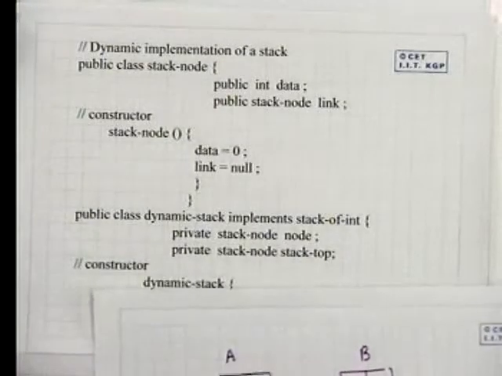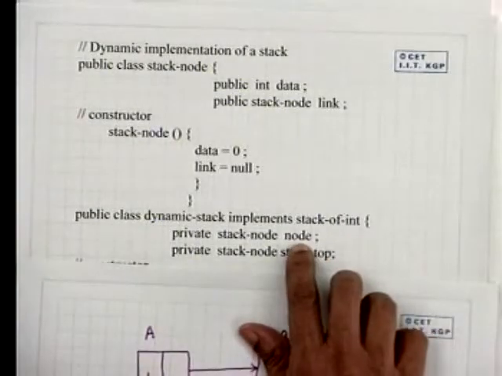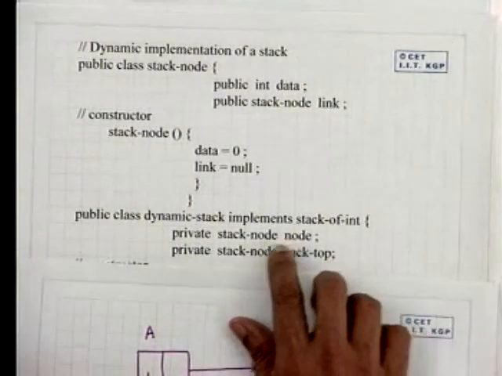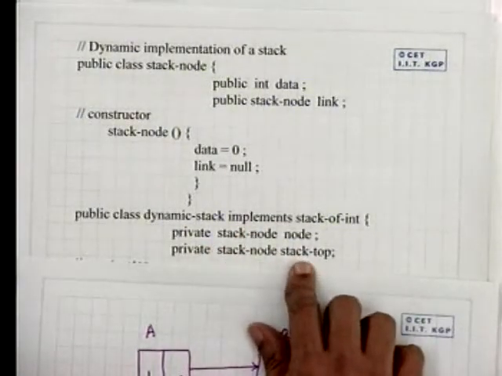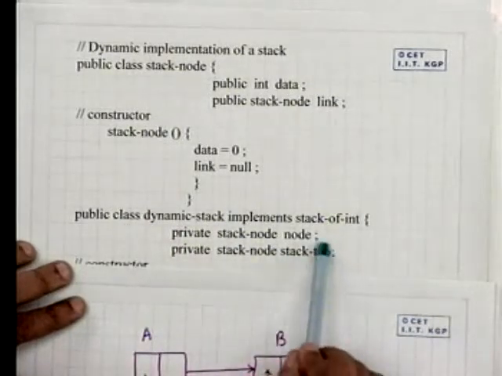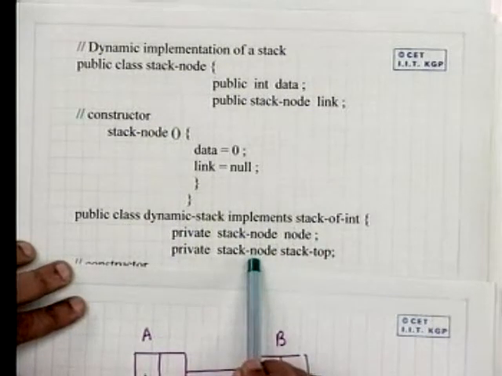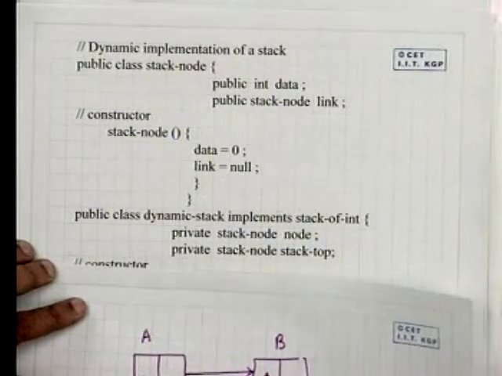Now, how does this dynamic stack implement the stack? Privately, we again define 2 types. One is a node, which is of type stack node, which we have defined, and the other data member also refers to a stack node. So there are 2 references to an object of type stack node.